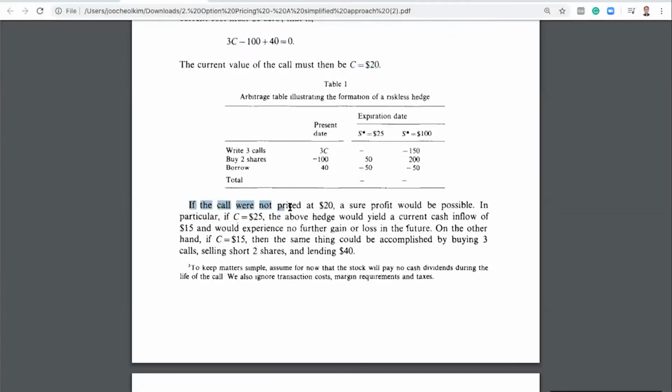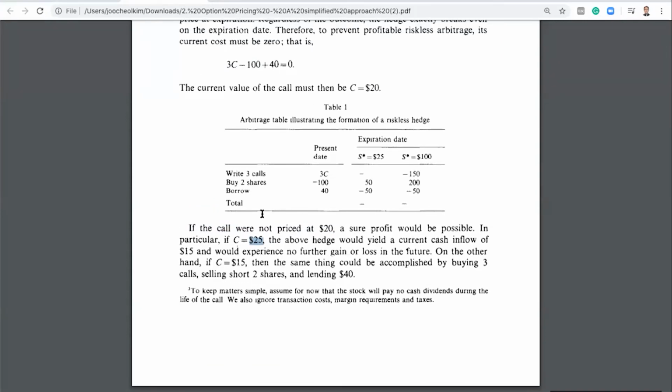So if the no arbitrage price is $20, but what if the price were $25? Because it should be $20, the one call option should be $20, but it's $25.